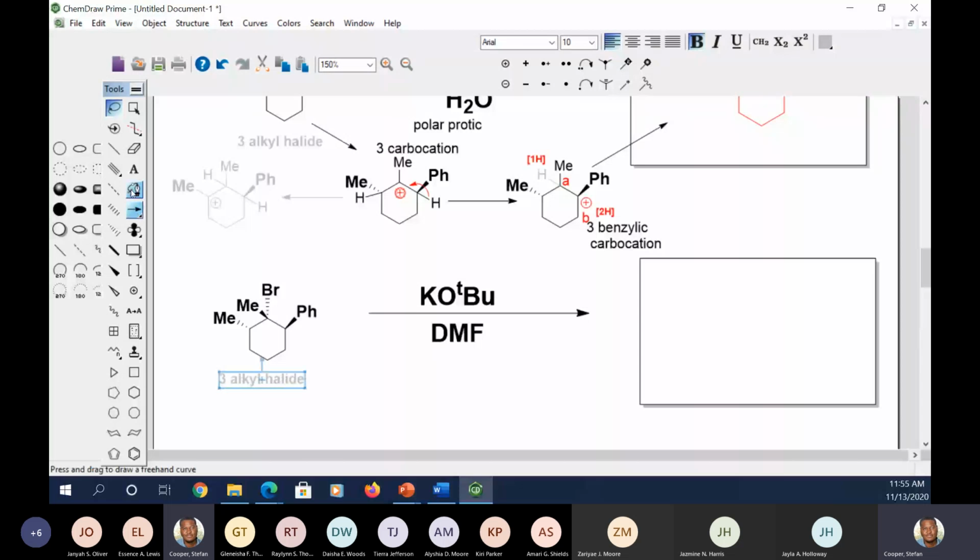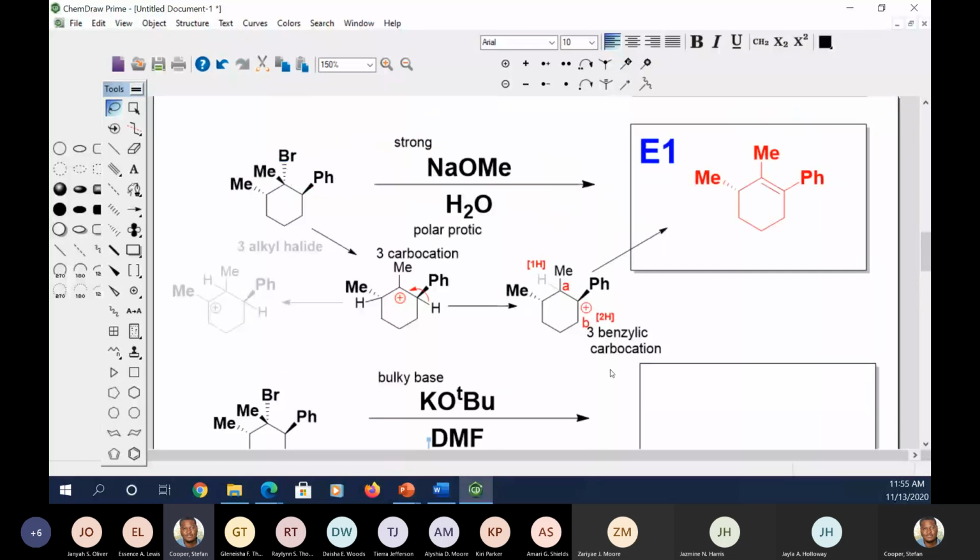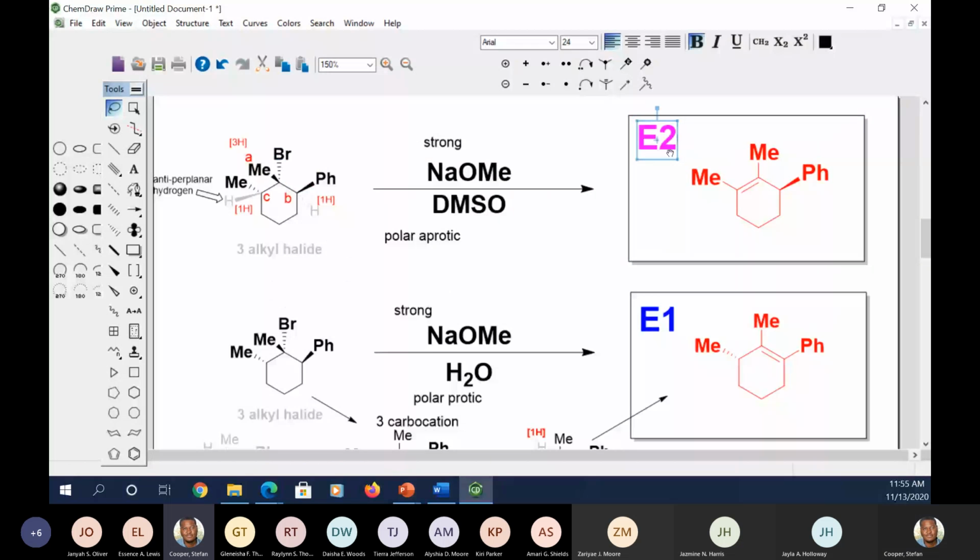I have a base that's bulky. And my solvent is which type of solvent? Polar aprotic, right? So my reaction conditions again are favoring what type of mechanism? E2, right?